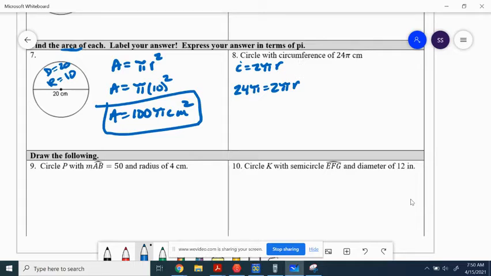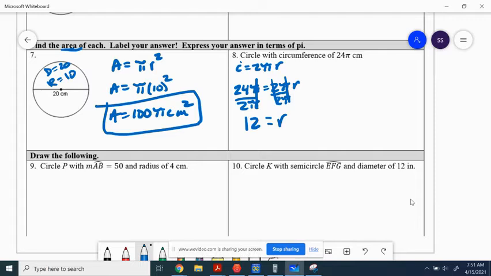Okay, that just means we're going to divide by 2 pi on both sides. So these will cancel out, and we'll just be left with r on the right side. The pi over pi would cancel out, and 24 divided by 2 is 12.